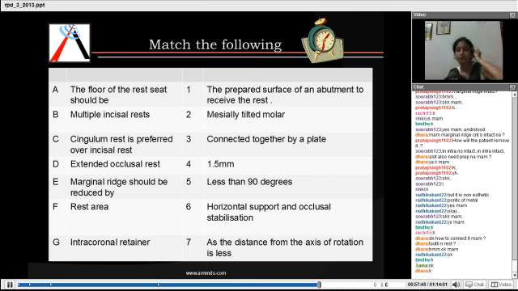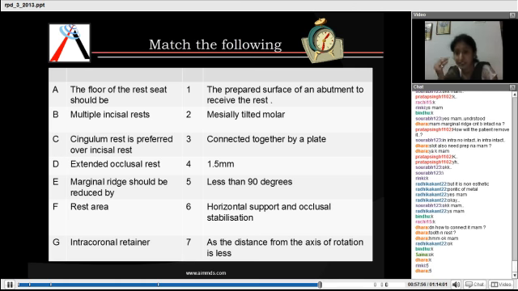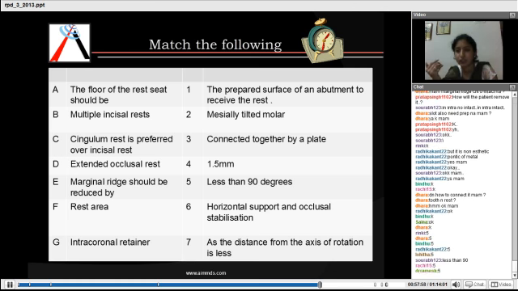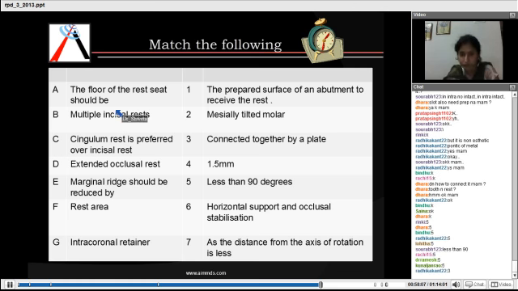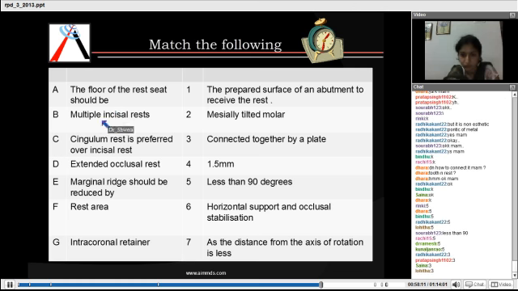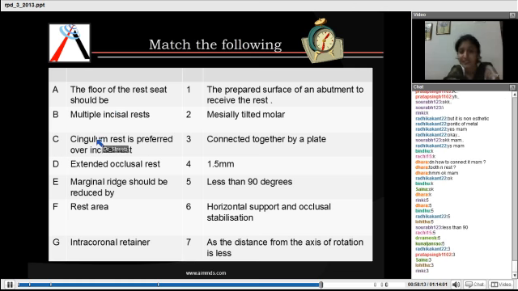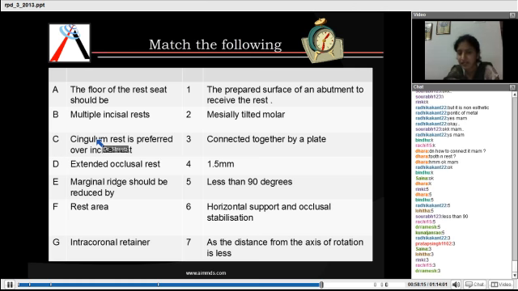Okay. So the floor of the rest seat should be at what angle to the minor connector? Yes, less than 90 degrees. Good. Multiple incisal rests provide three. Good. Cingulum rest is preferred over incisal rest. Why?